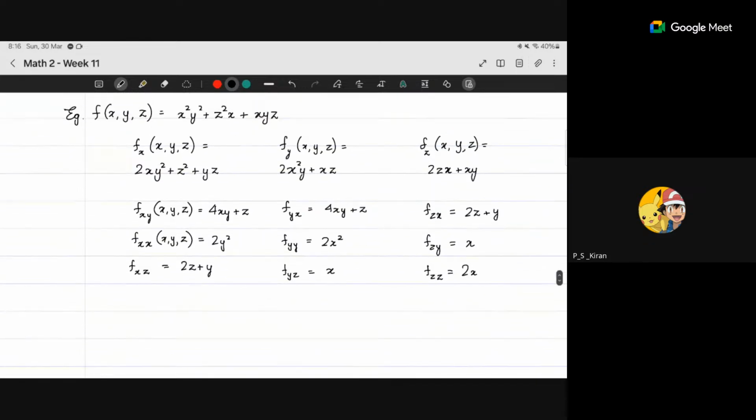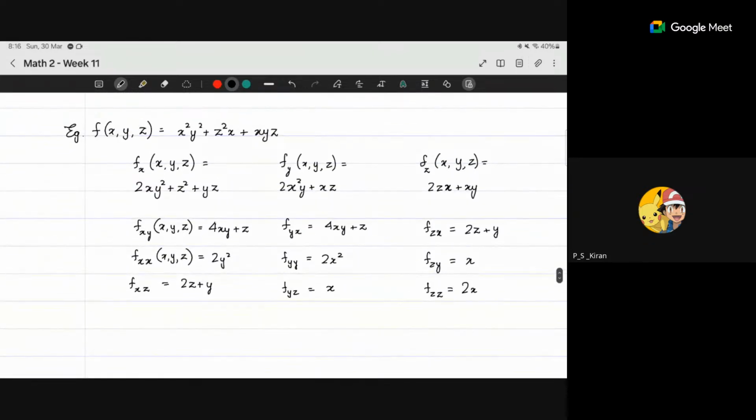So in general, if I have a function of n variables, each of these, f_xy, f_xx, f_xz, all of these quantities that we have computed, are called second order partial derivatives. It's like you're doing partial derivatives successively two times. So how many second order partial derivatives are there for a function defined on Rⁿ in general? n². n², sir.